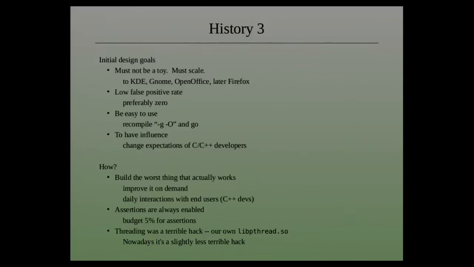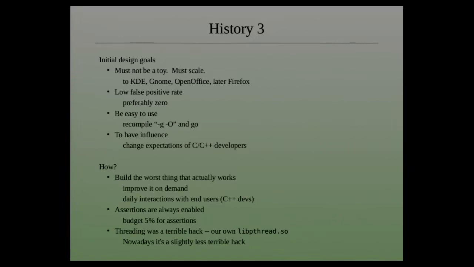So there were some initial design goals, and for me, I'd become rather disillusioned with toy tools in the early 90s as a grad student. So the thing I really didn't want to do was build another toy tool. So it has to scale, and of course it has to run KDE, and it has to run GNOME, to be fair, and it has to run OpenOffice, as it was called at the time. So I used OpenOffice as a kind of destruction test of early Valgrind.